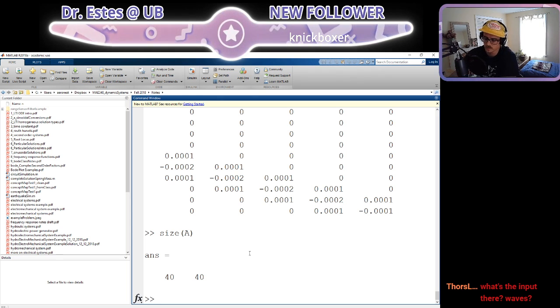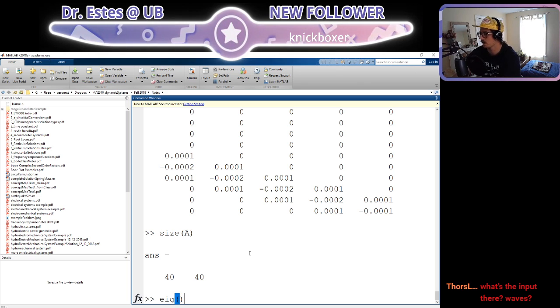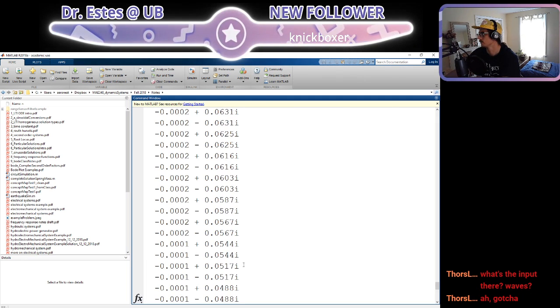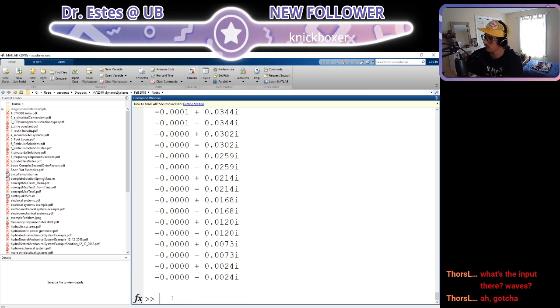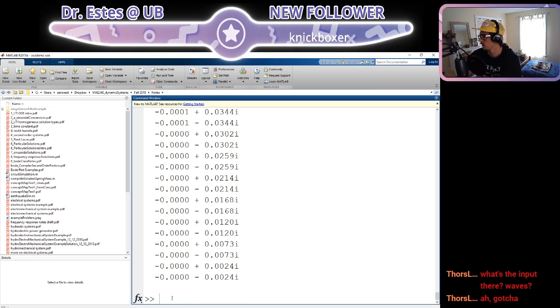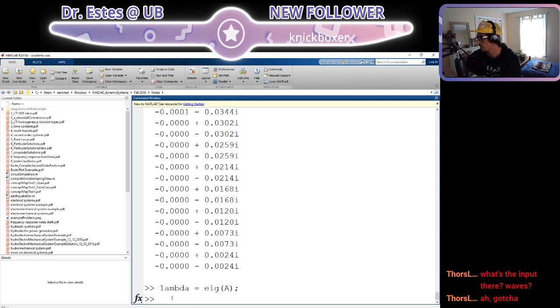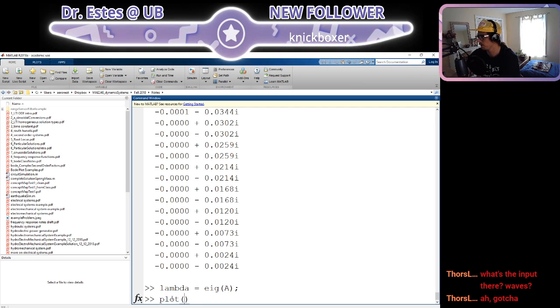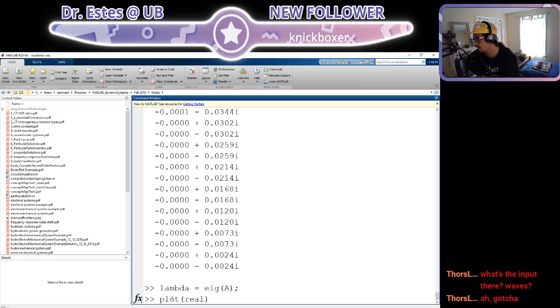Now, look at this. If I get the eigenvalues of that, those are the roots of the characteristic equation. I'm going to say lambda is eig of A. I want to do a complex plane plot of the roots so you guys can see where all of the roots are for that building.